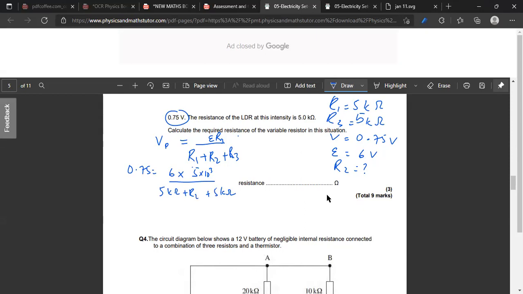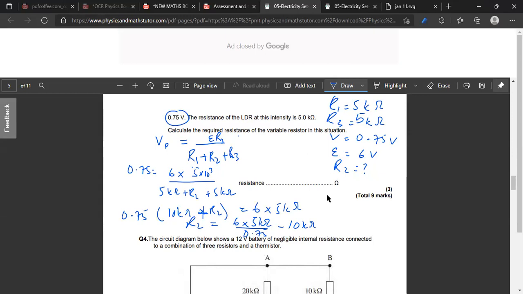So 0.75 times (10 kilo ohms plus R2) equals 6 multiplied by 5 kilo ohms, and R2 equals 6 multiplied by 5 kilo ohms divided by 0.75, minus 10 kilo ohms.